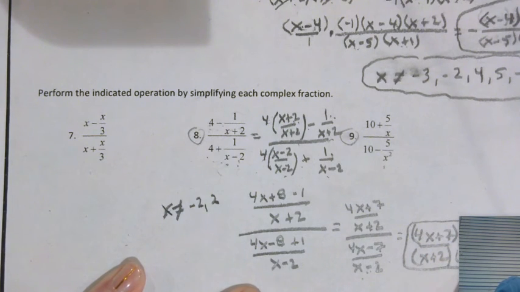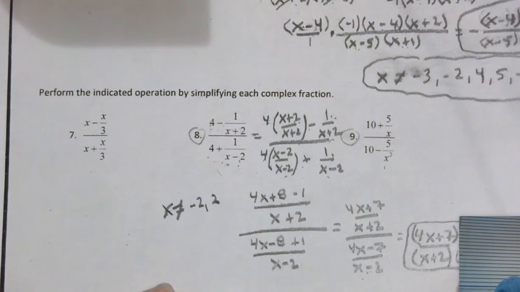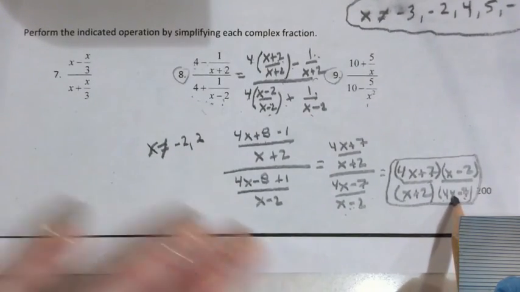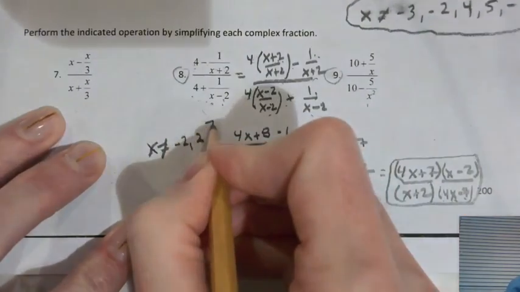Make sure there's one more restriction. 4x minus 7 will be 0 when x is 7 over 4. So then we also have a 7 over 4.